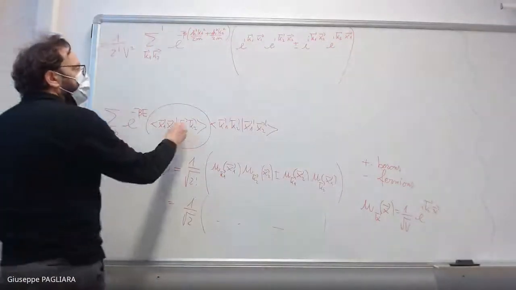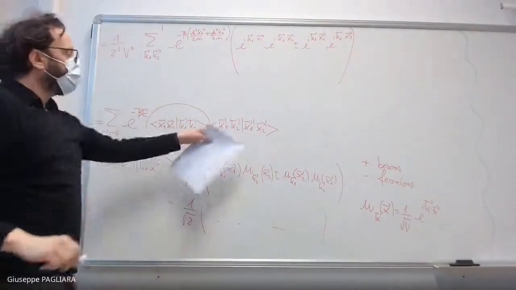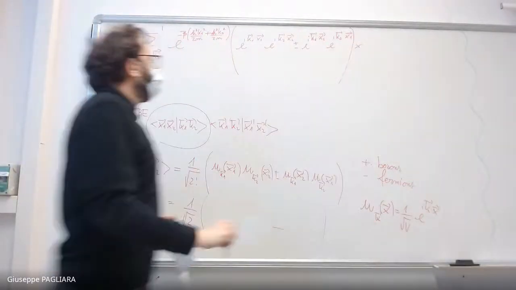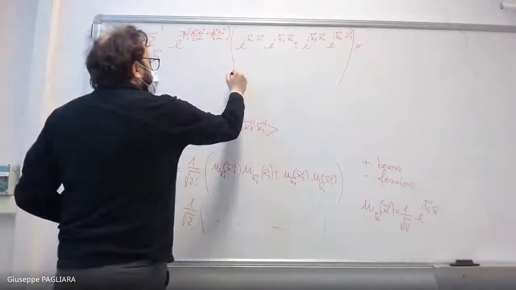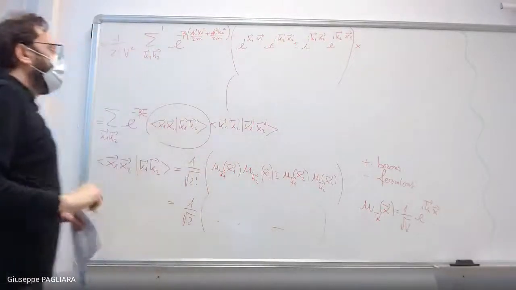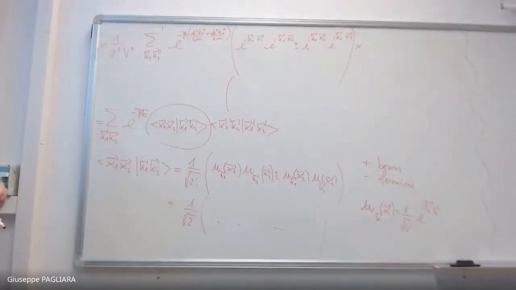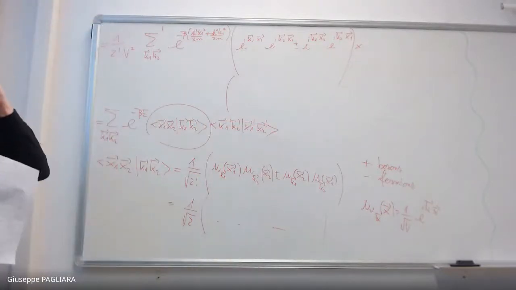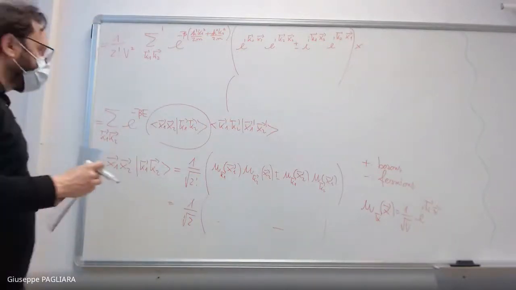Now, this is this. Then I have to multiply by this, and consider that this is a complex conjugate. So I have a similar structure, but the x are x1 prime and x2 prime, and I have to consider the fact that there is a minus.